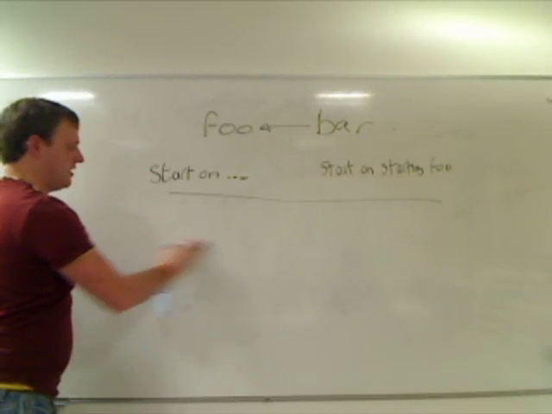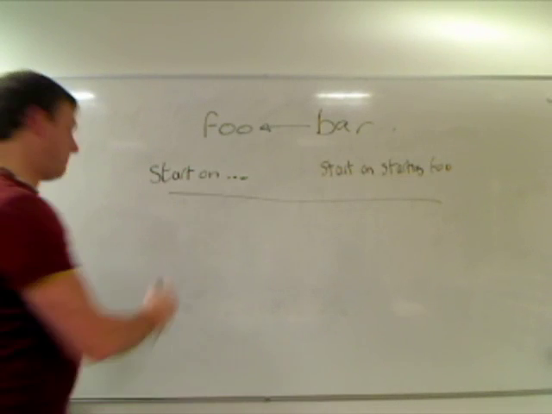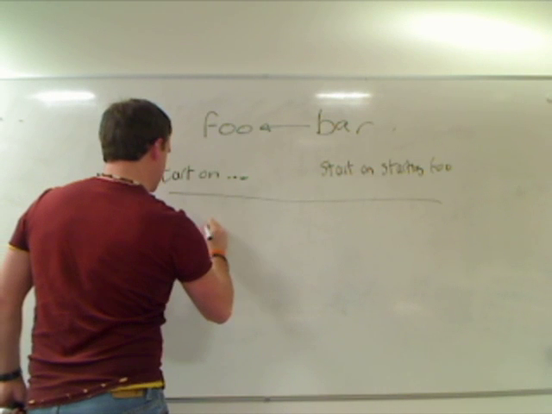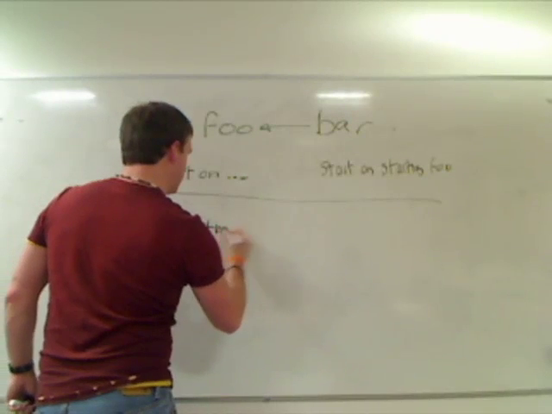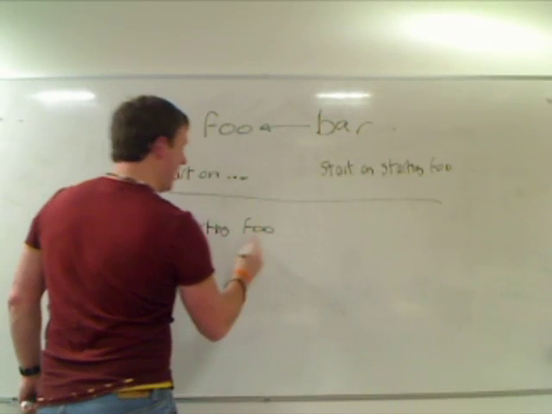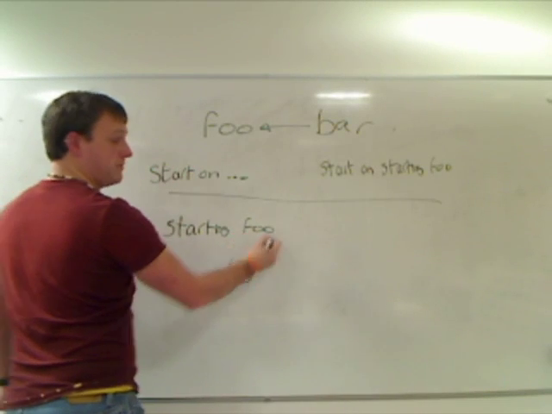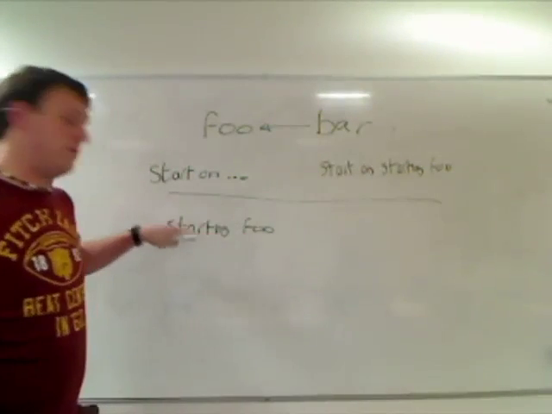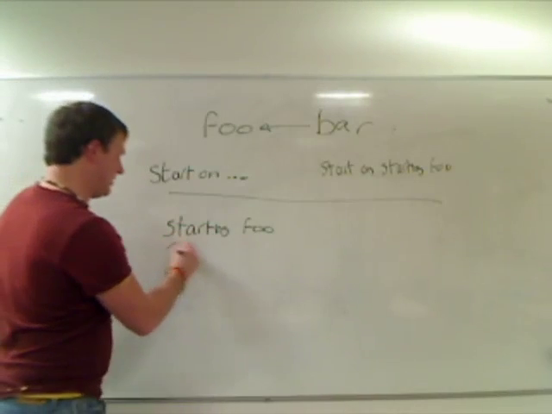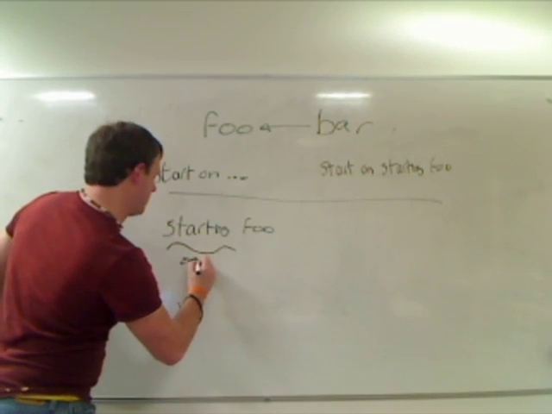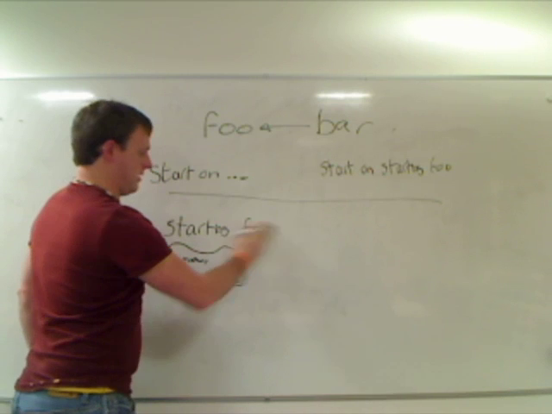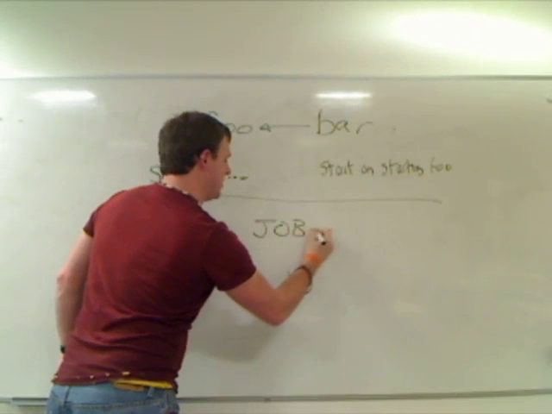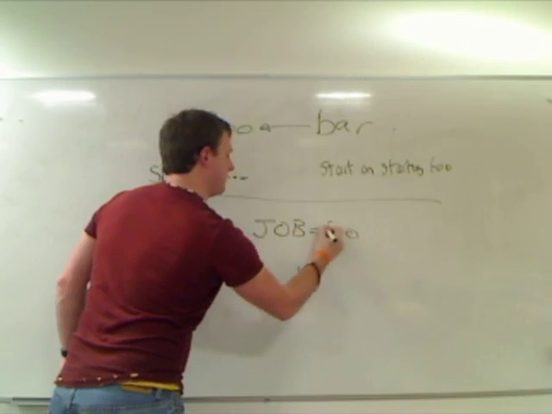It's just a bit of syntactic sugar. What you're really saying, using just the starting part, is that you're matching the value of whatever the first environment variable of the starting event happens to be. So this is the event name, and foo is just an environment variable. In fact, what you're really saying is start on starting job equals foo.